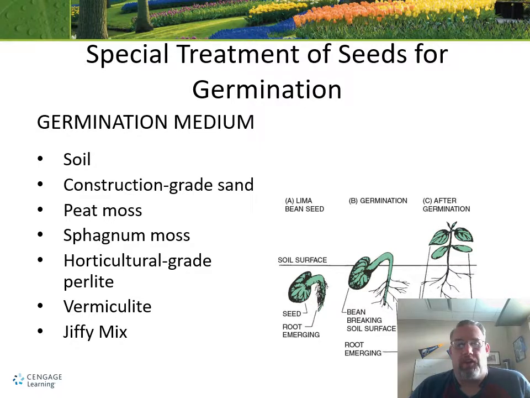So when you germinate, there are a couple different ways of using soils or a germination medium. Sometimes they're done in soil. There's construction grade sand, peat moss, sphagnum moss, horticultural grade perlite, vermiculite, or Jiffy mix. Jiffy mix would be your potting soil mix, and all the rest of the listed ingredients would be put together into a proper growing medium.